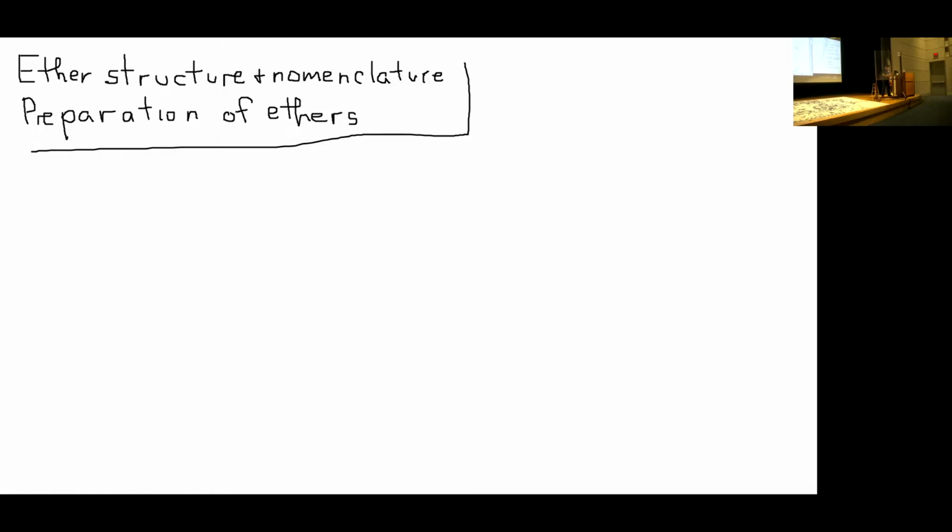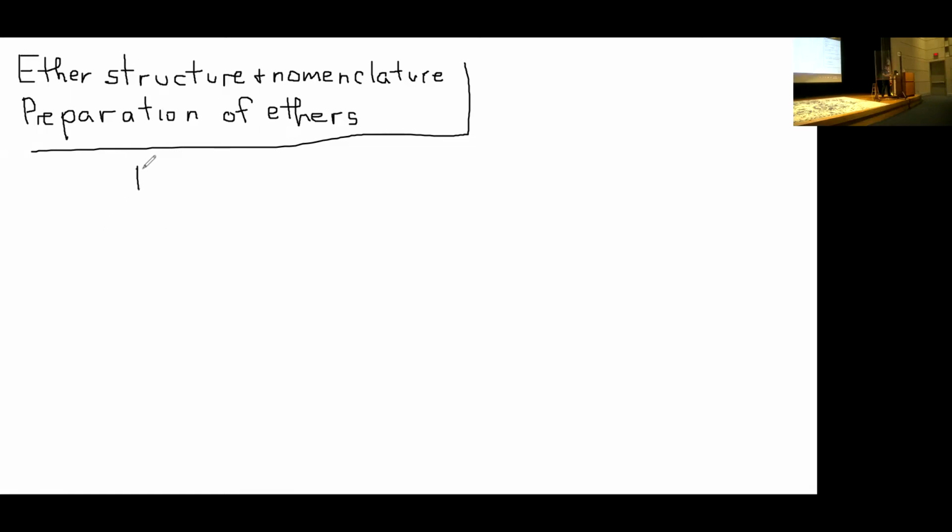Good, so we've already covered another kind of organic derivative of water, which was alcohols. What I mean by organic derivatives of water is that we're going to replace, in the case of alcohols, one of the H's on water with a hydrocarbon group. If we did that same thing twice, then we would have ourselves an ether.